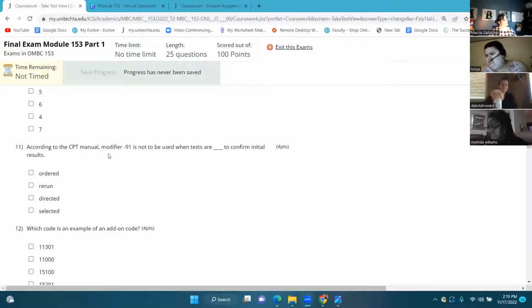According to the CPT manual, modifier 91 is not to be used when tests are blank to confirm initial results. So if you looked at modifier 97 in your CPT, I'm going to grab mine. I said 97, but it's 91.